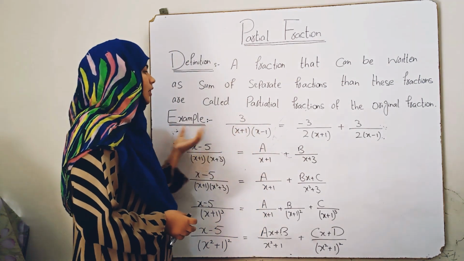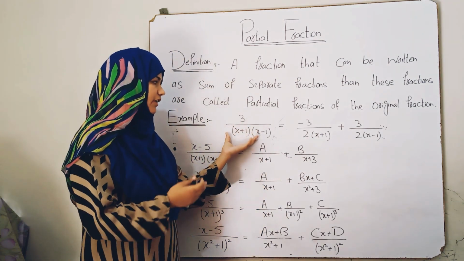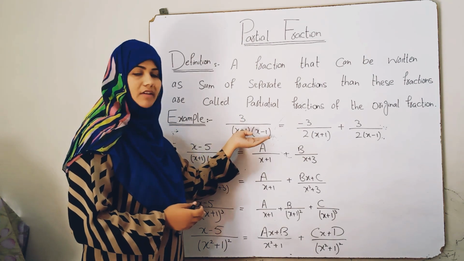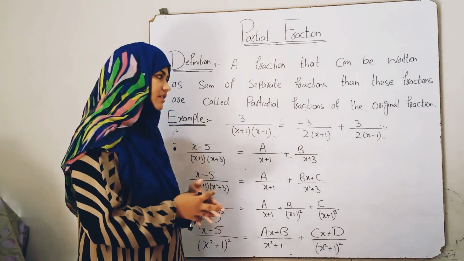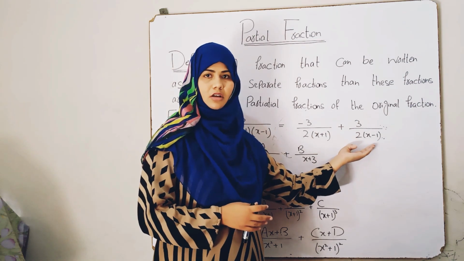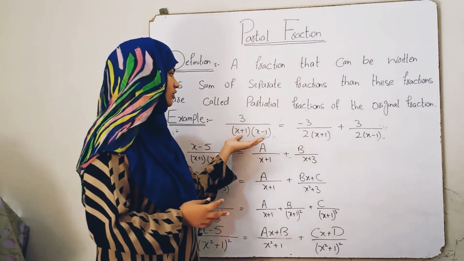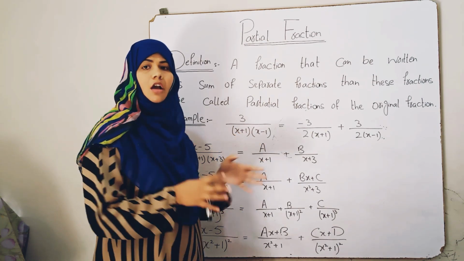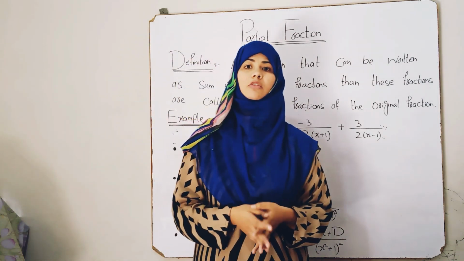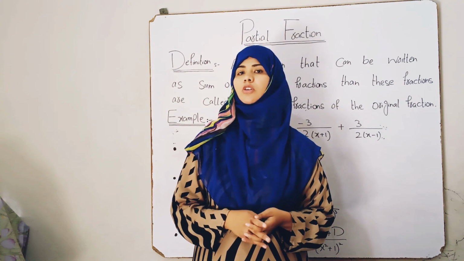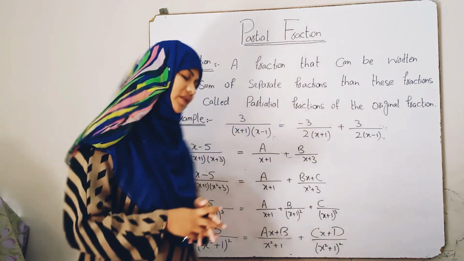For example, here we have a fraction 3 over x plus 1 into x minus 1. This fraction can be written as sum of these two fractions, and these two fractions are known as partial fractions of this original fraction.